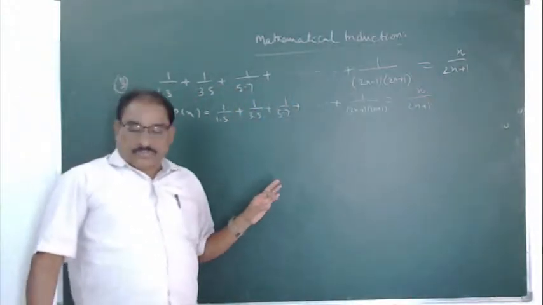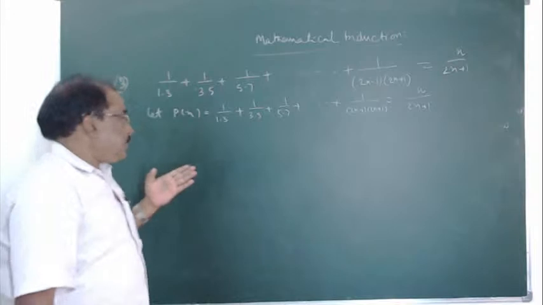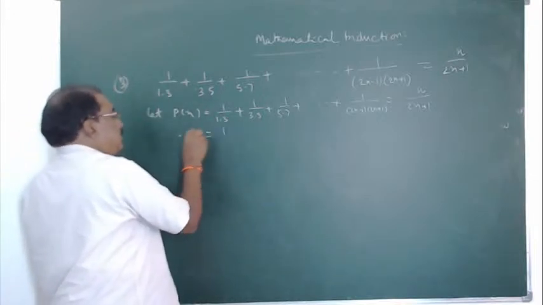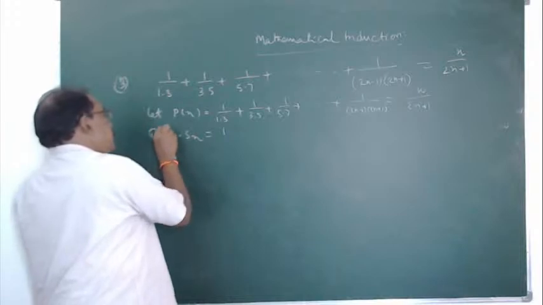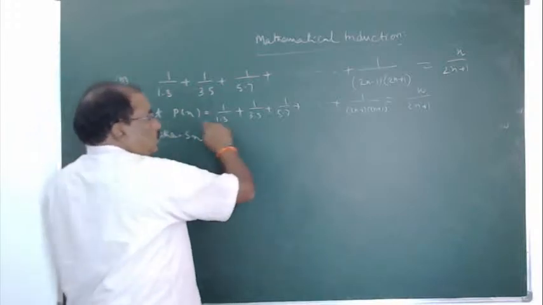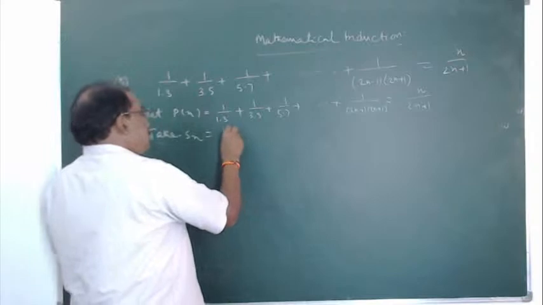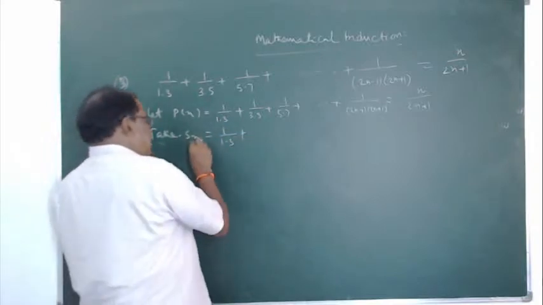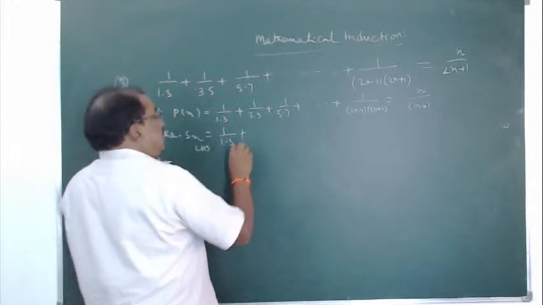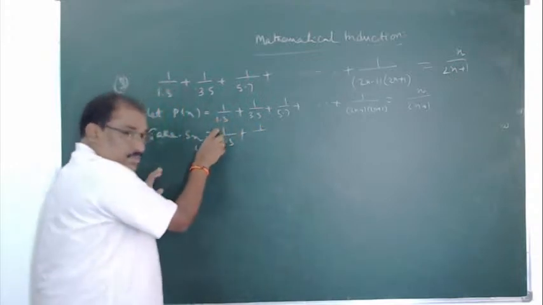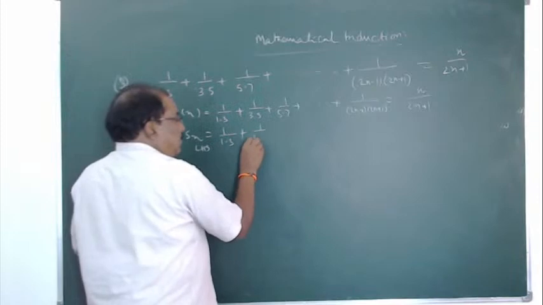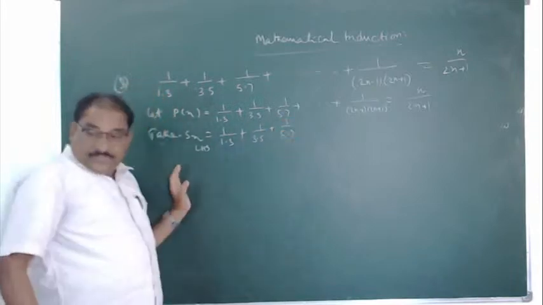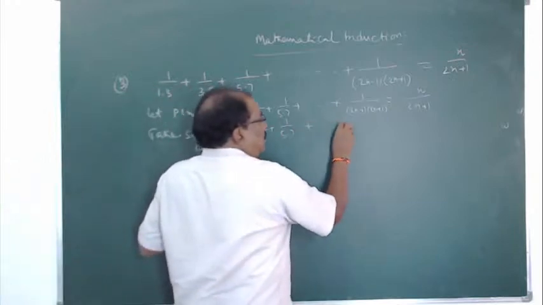Let us say S1, take S1. This is the total statement. Here, take S1. The LHS is 1 by 1 into 3, 1 by 3 into 5, plus 1 by 5 into 7, and so on.